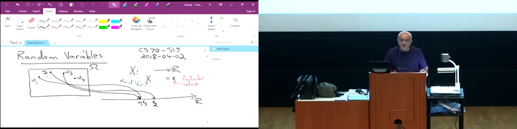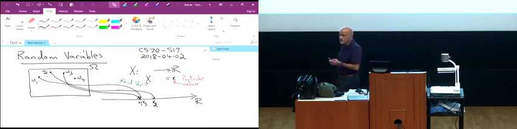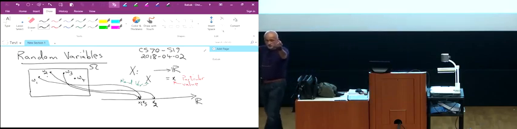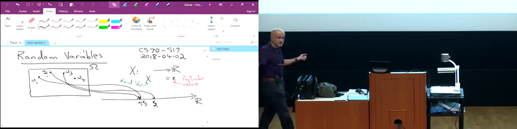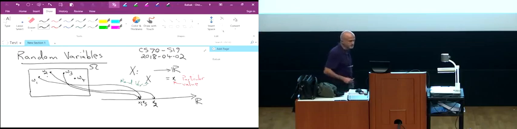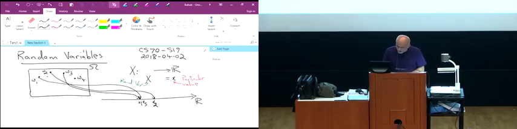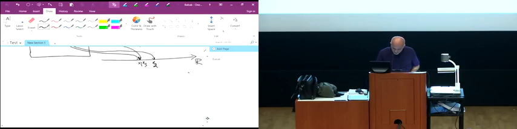Can I have omega 2 go to another place? I want to see heads moving this way or this way. No. Why? Because it's a function. A function cannot take a value, an element in its domain, and map it to two different values, right? But it can take two different elements in its domain and map it to the same value. Okay, so everything you know about functions holds with random variables.